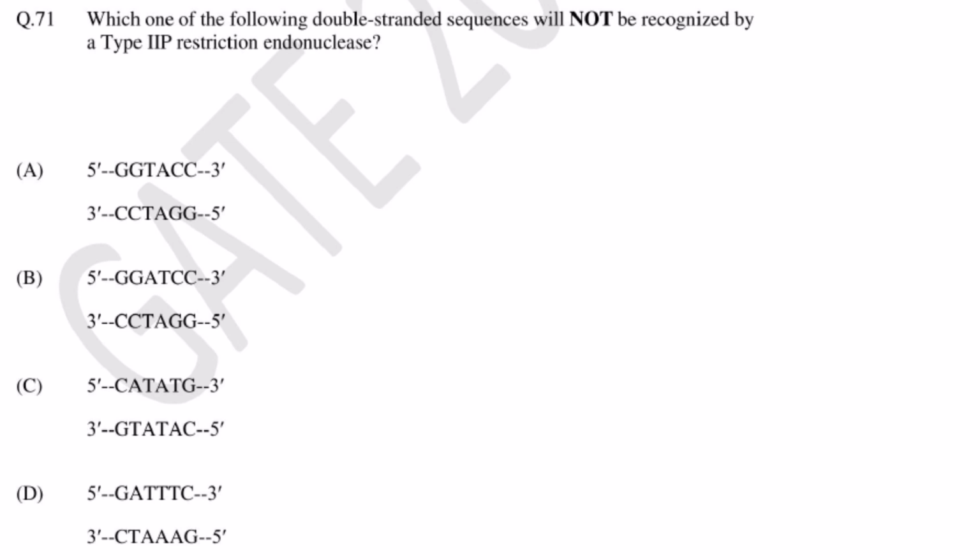Then next one. Which of the following double-stranded sequence will not be recognized by type 2 restriction endonucleases? So type 2 recognize sequences which are palindromic, that is they will read the same in 5' to 3' direction in both the strands. So GGTACC in 5' 3' direction in the top strand.